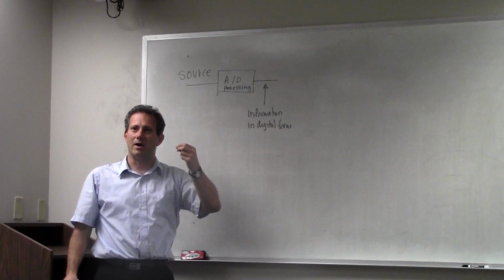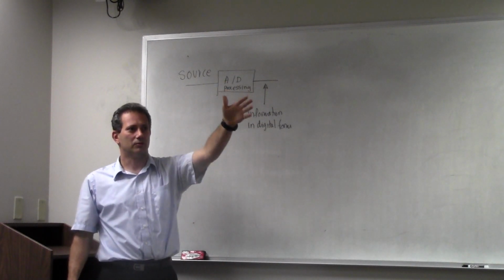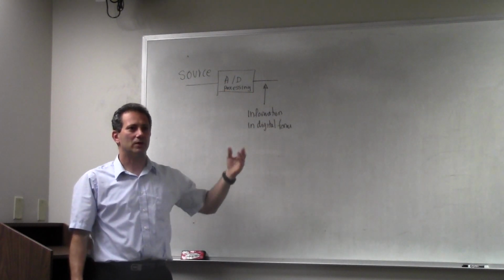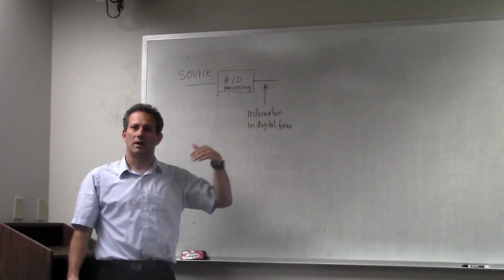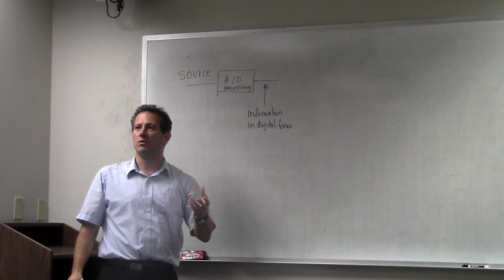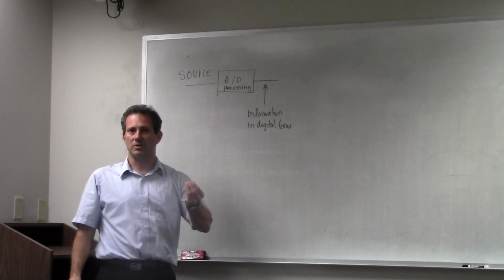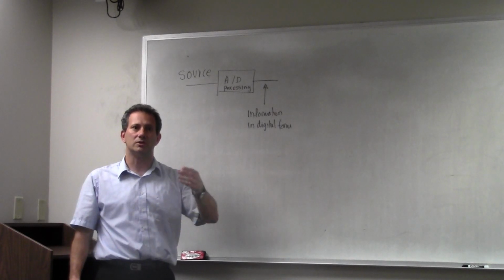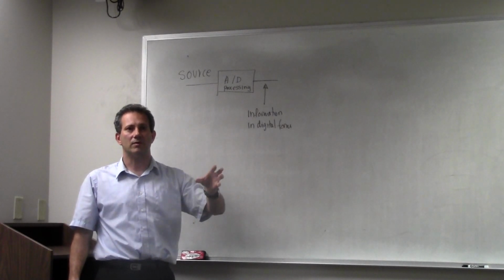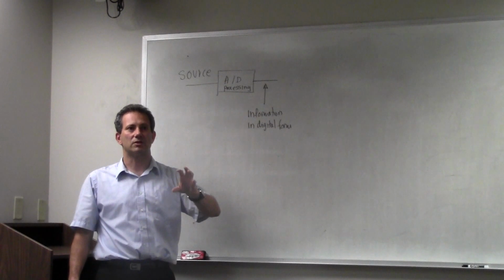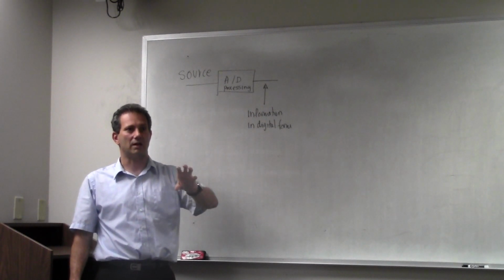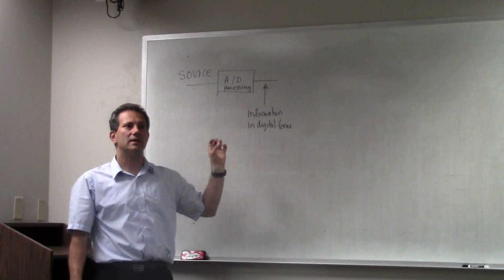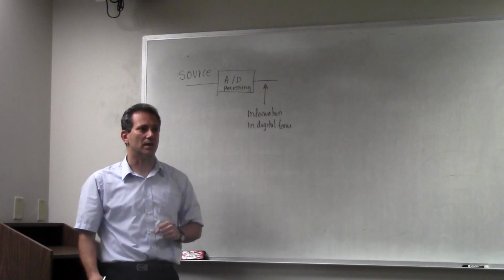I cannot take a 1 and just throw it to the other side. Since we live in an analog world, I have to translate these numbers into some voltages, currents, waves, whatever may be the physical disturbance of the channel or of the medium, and send that physical disturbance to the other side.